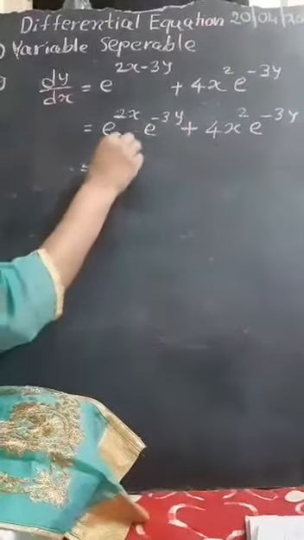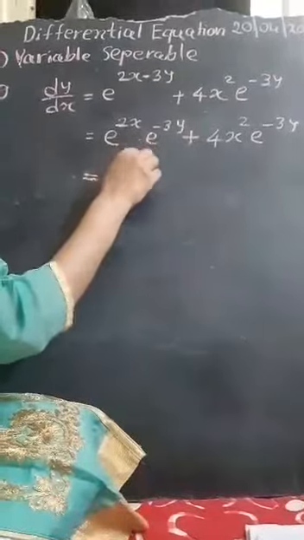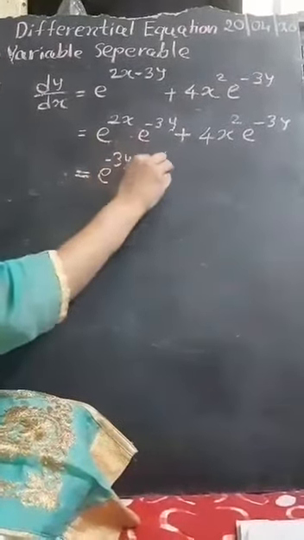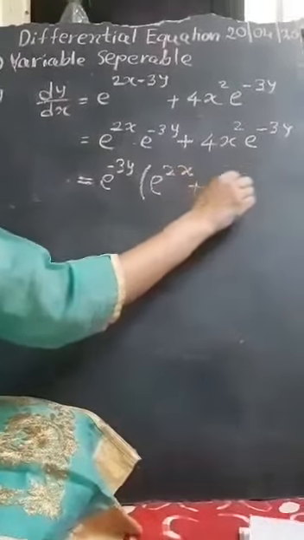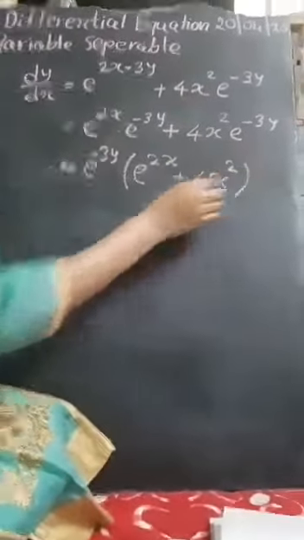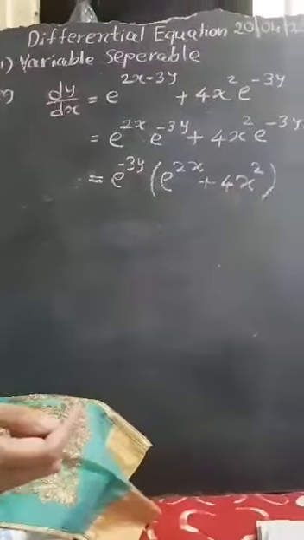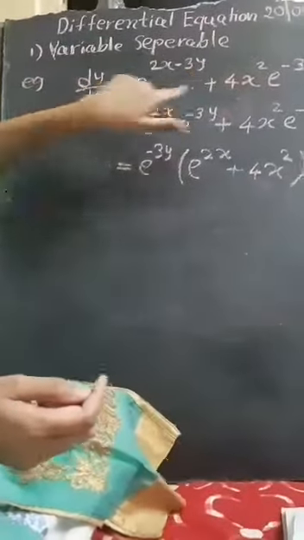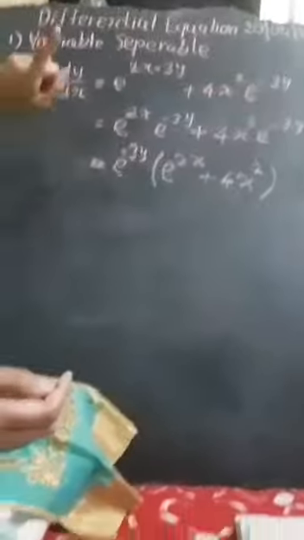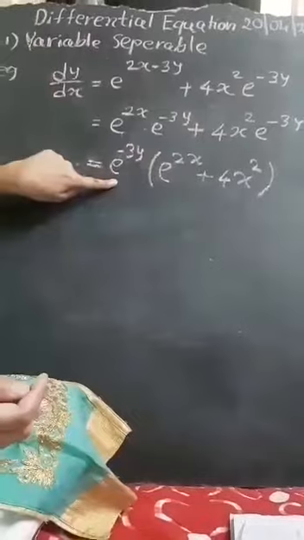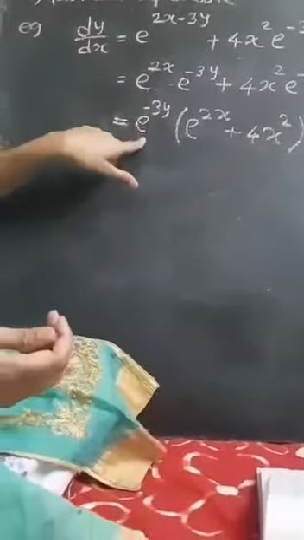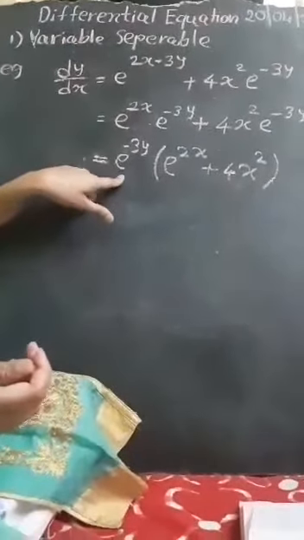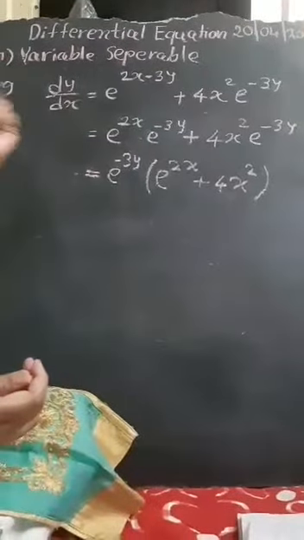Yes, we can. So it is e raised to minus 3y common. What you get inside is e raised to 2x plus 4x square. Agree? So what we did is, whatever was the function, we tried to separate it as a function of x and a function of y. We have separated it. Can you see? The bracket is a function of x and the remaining is a function of y. So we separated functions of x and y.